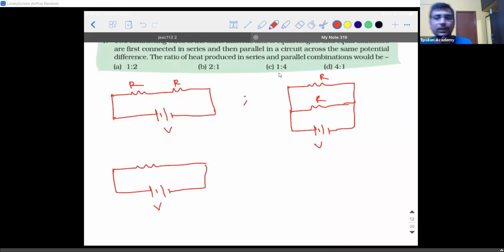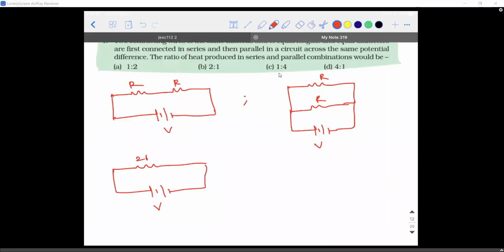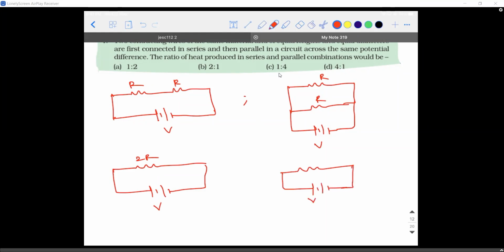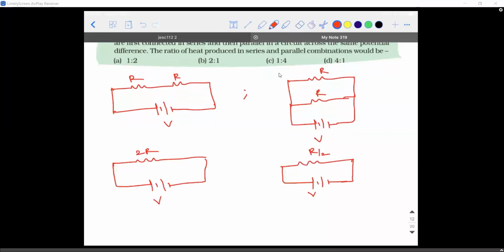So 2R. Very good. The equivalent resistance for parallel combination is? R by 2. Very good.